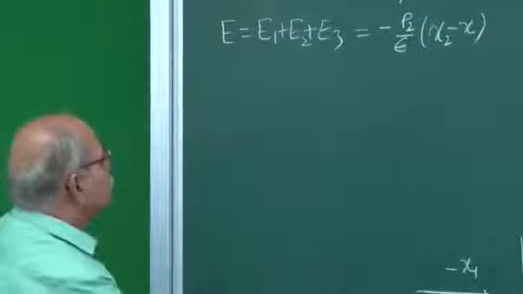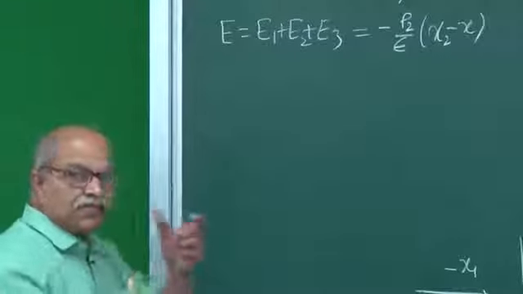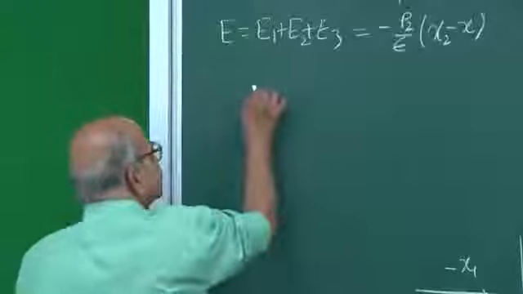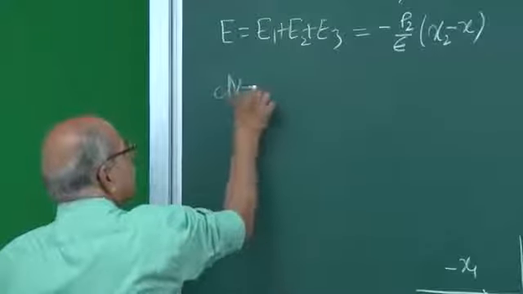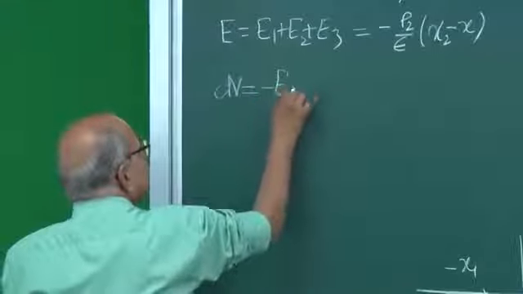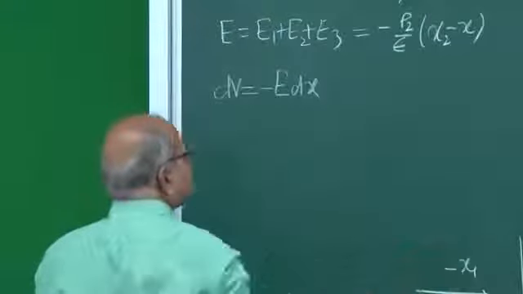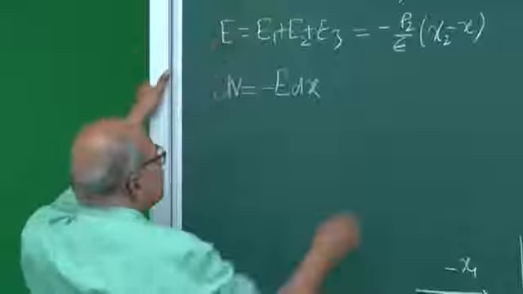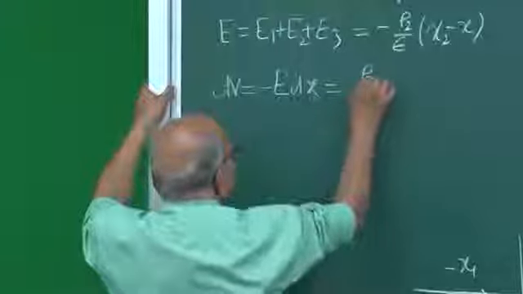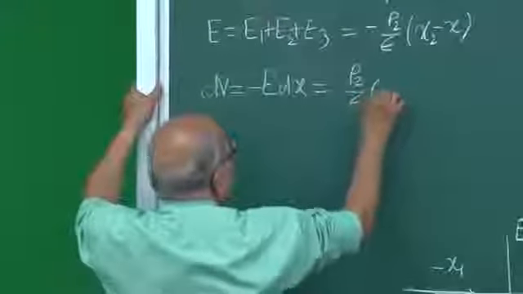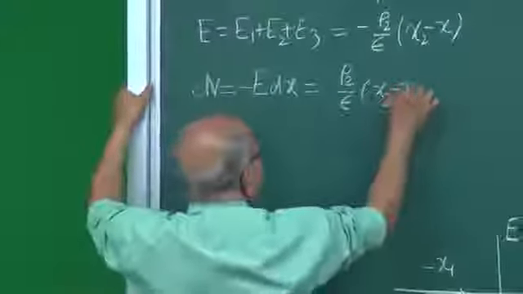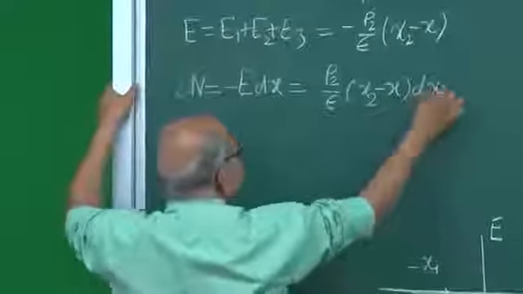So, you know the basic definition of a potential difference. This is dV is equal to minus E dx for the one dimensional case, and so here it will be rho 2 over epsilon and then x2 minus x and dx.